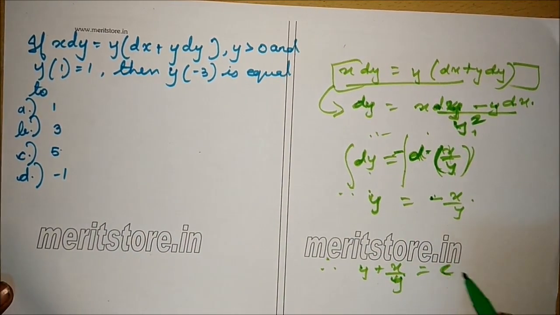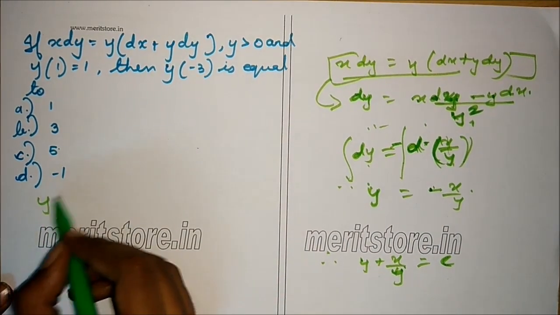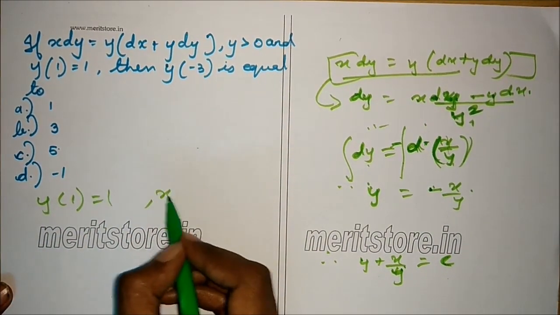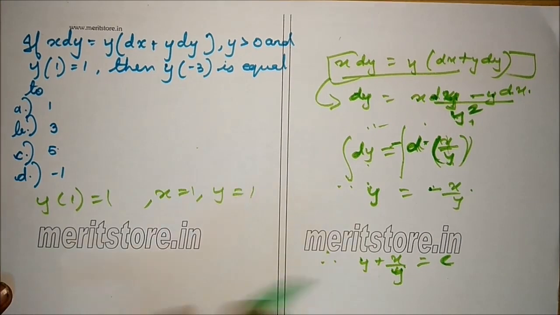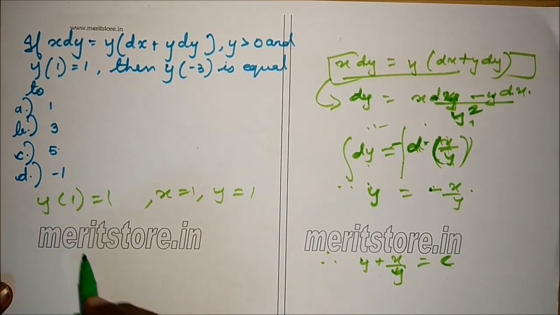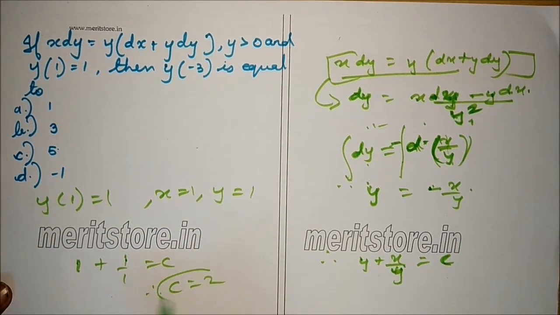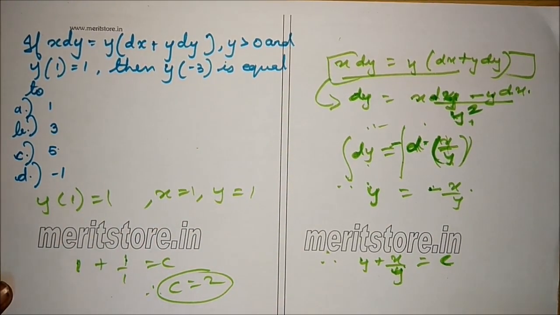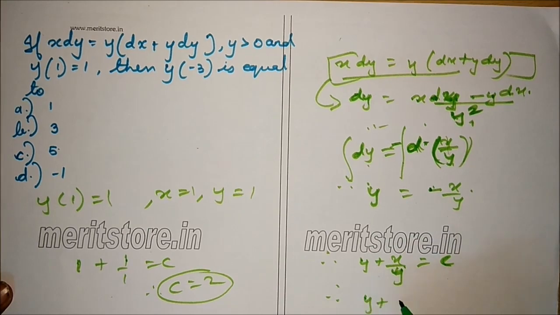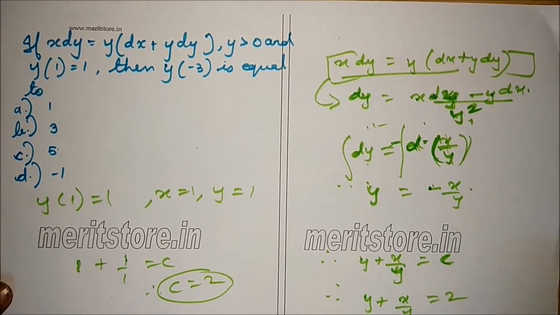So y plus x by y is equal to c. Now y of 1 is 1, that is when x is 1, y is 1. So we substitute these values here, and we get 1 plus 1 by 1 equals c. So therefore c equals 2. So we can say y plus x by y is equal to 2.